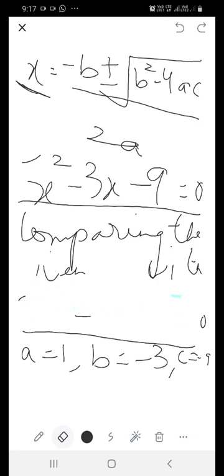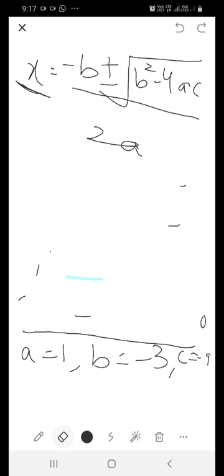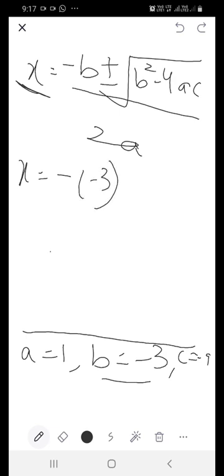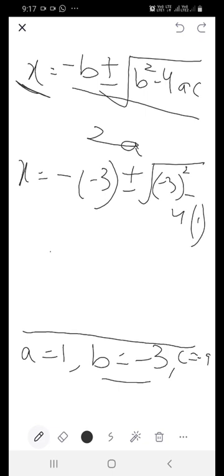And when you substitute these values, your equation will be like this. x is equal to, first you have to show the substitution of a, b, c. x is equal to minus, value of b is minus 3, then plus minus under root, b square will be minus 3 square, minus 4, a is 1, and c is minus 9, divided by 2a, that is 2 into value of a is 1.